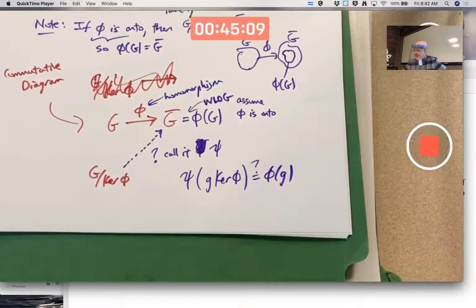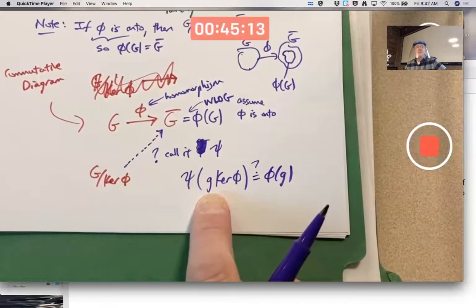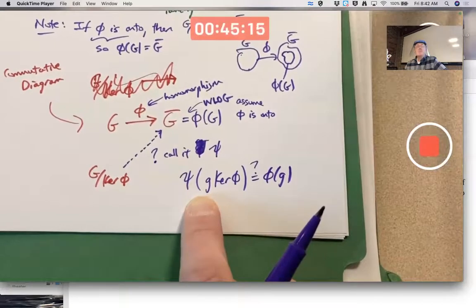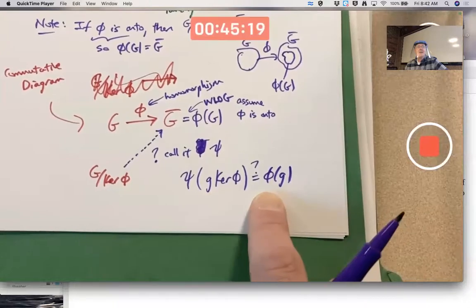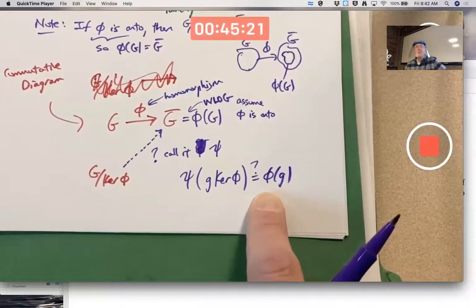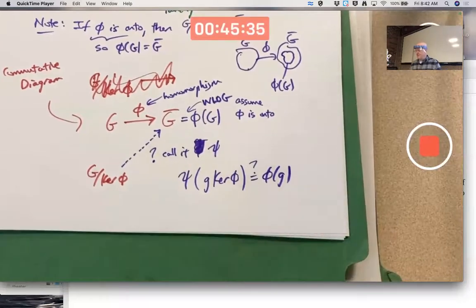Why? Because what if we had a different representative for this coset, a G prime, say? Is phi of G equal to phi of G prime? Does this formula make sense? That is an issue that needs to be thought about and proved. This diagram is not complete.